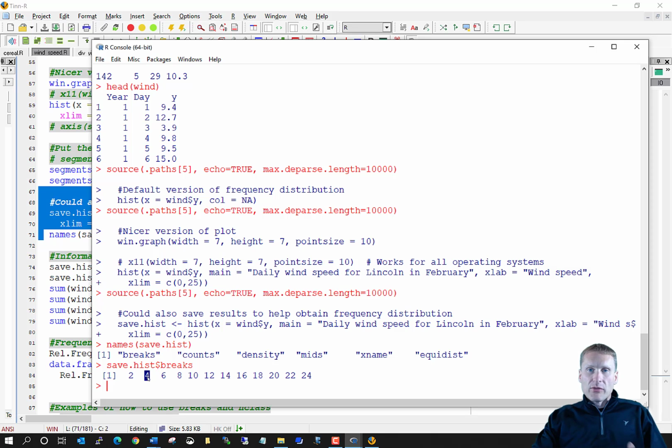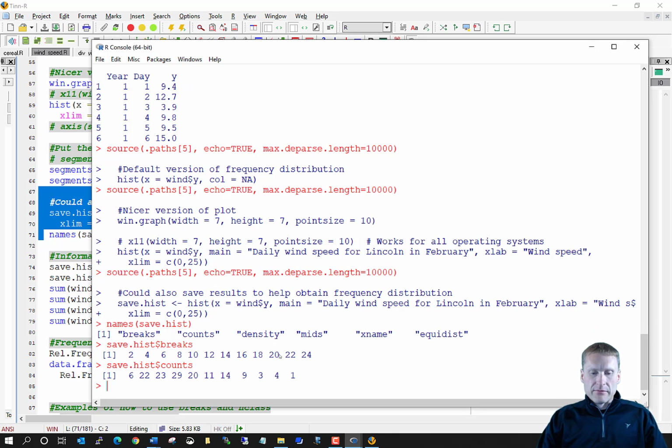The next class is greater than 4, less than or equal to 6. What were then the corresponding frequency counts? Well, let's put in counts instead. And here we go. Between greater than 2 and less than or equal to 4, remember we had 6 different days of wind speeds.